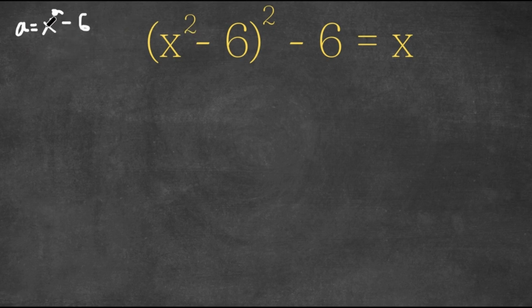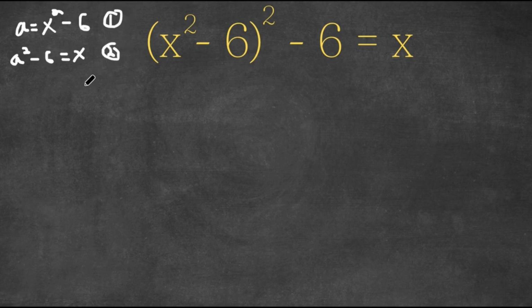If we substitute a for x² − 6, our equation would be a² − 6 is equal to x. Let's say this is equation 1 and this is equation 2.